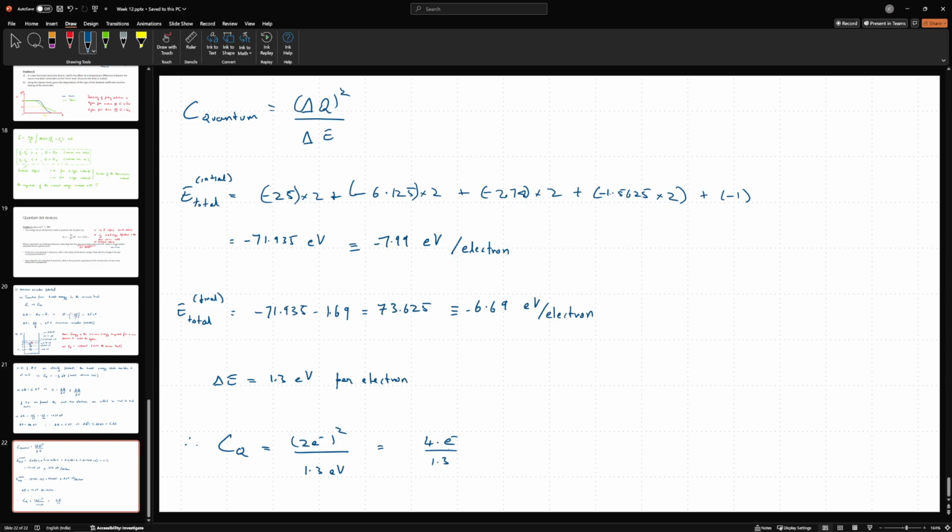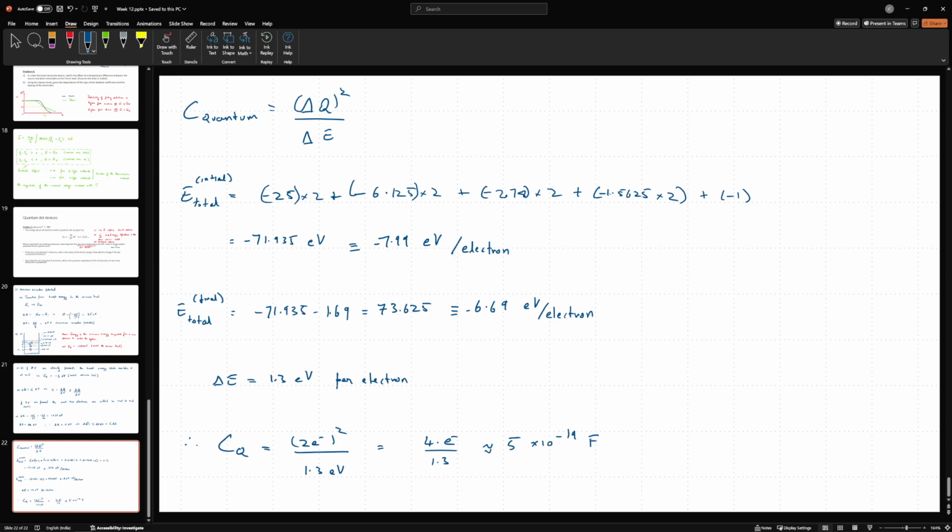This will come out to be 4.95. This is the answer that we are supposed to get: approximately 5 into 10 to the power minus 19 farads, or if I'm writing it in nanofarads, 5 into 10 to the power minus 10 nanofarads.